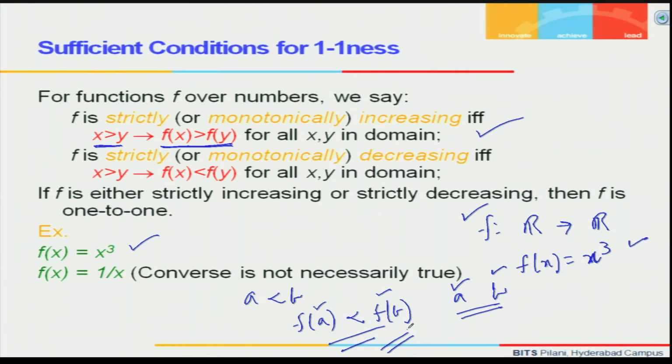That means that if you know a function f from A to B and somehow you know that f is 1 to 1, then you cannot conclude that f has to be either monotonically increasing or monotonically decreasing. That is why the converse is not true. But if you know f is monotonically increasing, then you can obviously say that f is a 1 to 1 function.